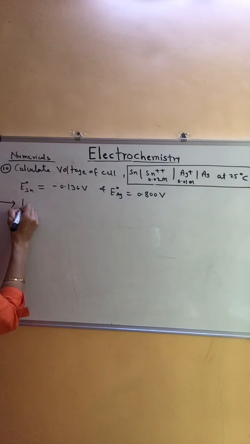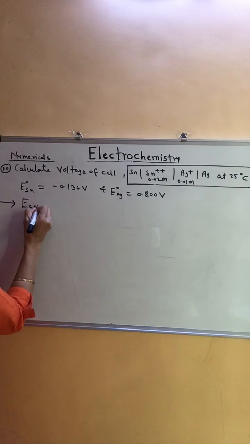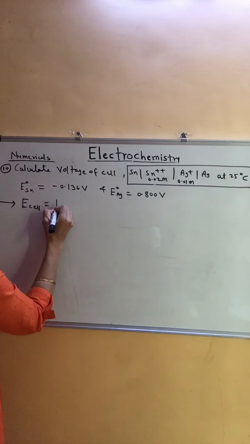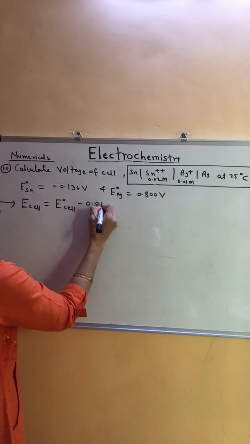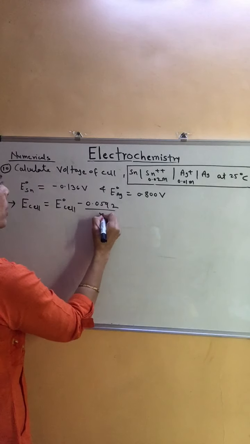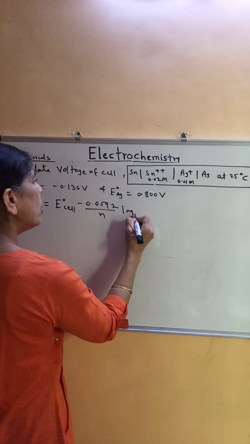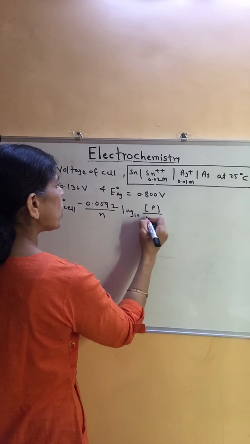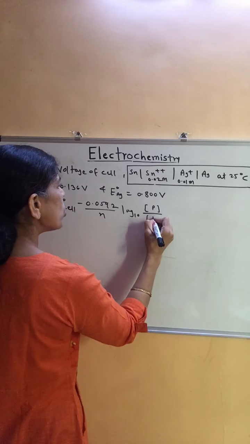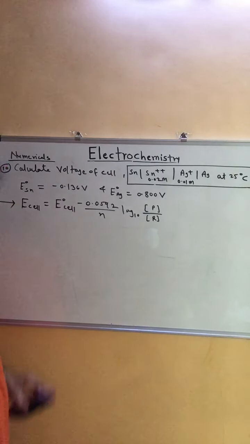By the Nernst equation, E cell is equal to E naught cell minus 0.0592 upon n, log of concentration of products upon concentration of reactants.